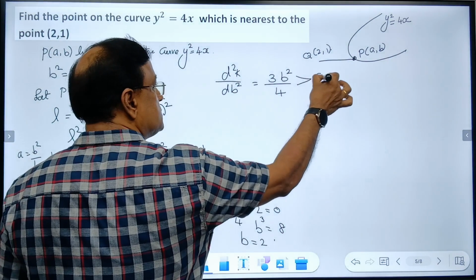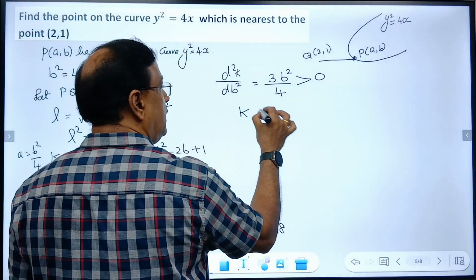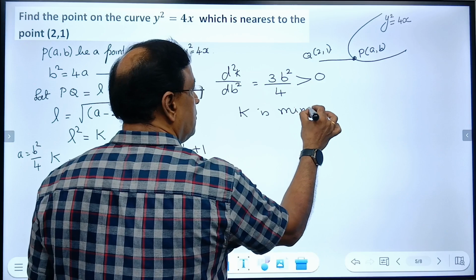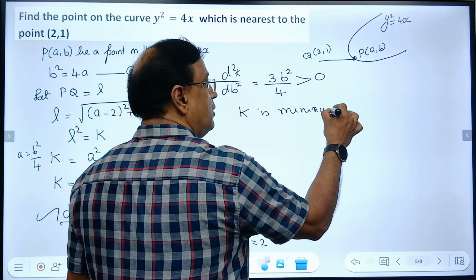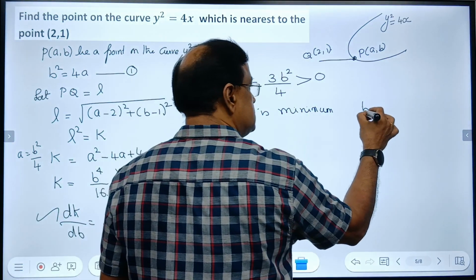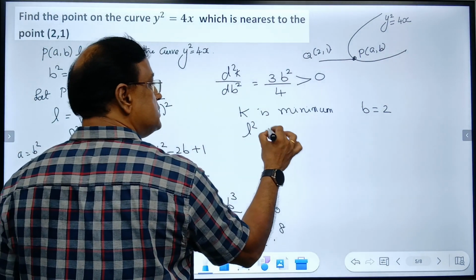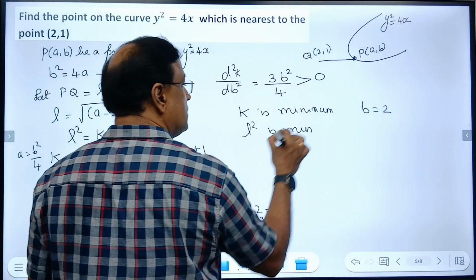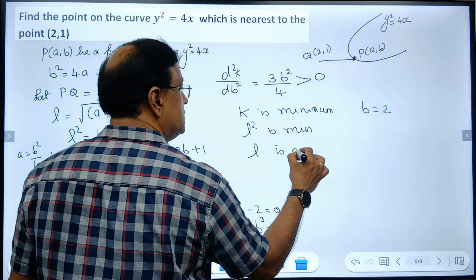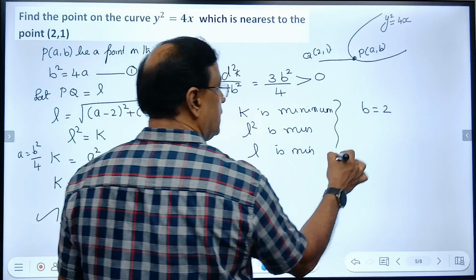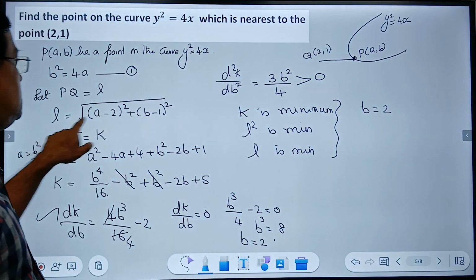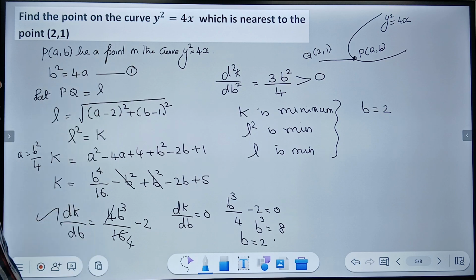So obviously this is positive. Therefore k is minimum. When is it minimum? When b is 2. If k is minimum, L squared is minimum. If L squared is minimum, L is minimum. Correct? That is what you want to do, right? Shortest distance between P and Q.